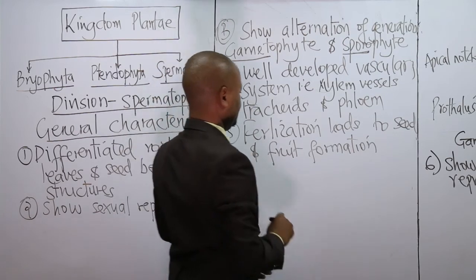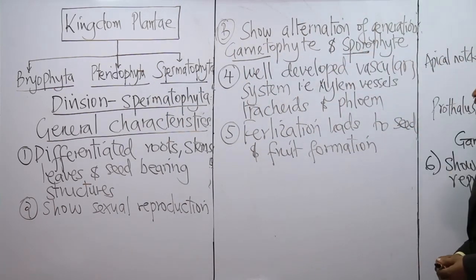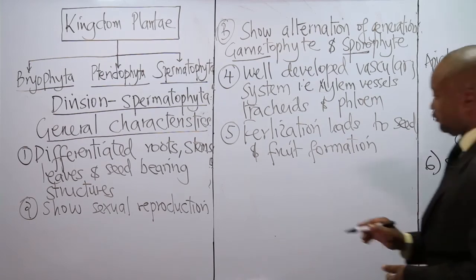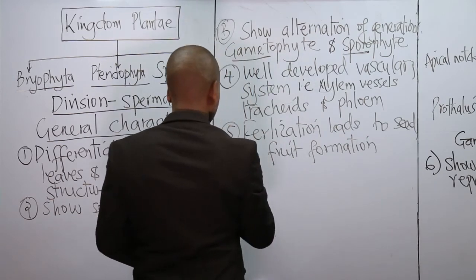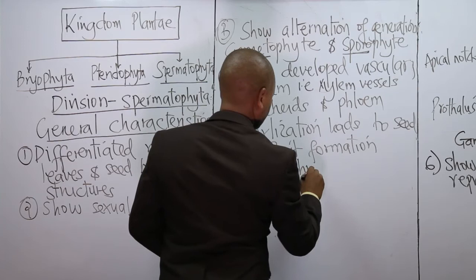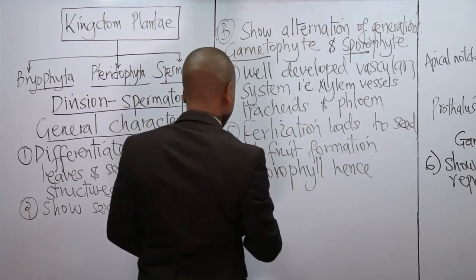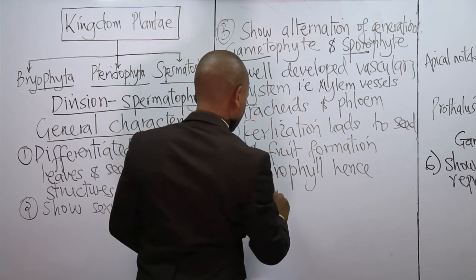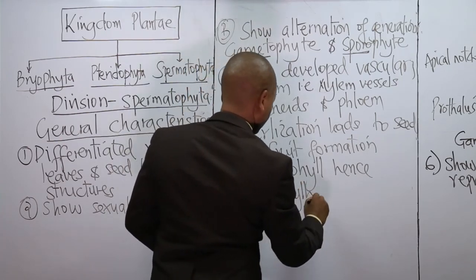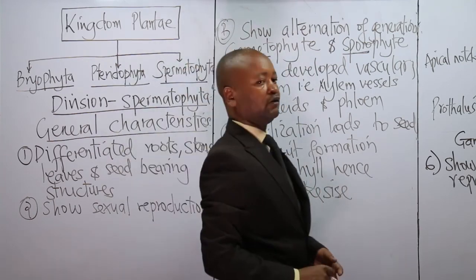So we have that formation of fruits and seeds, and then it has chlorophyll, hence it photosynthesizes. They have chlorophyll, so they photosynthesize. That means they produce their own food.